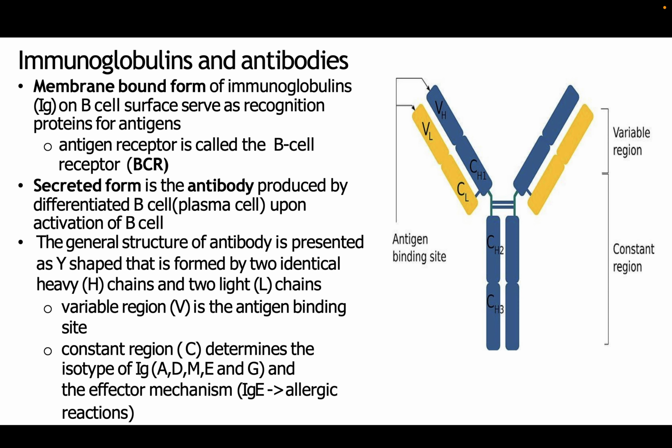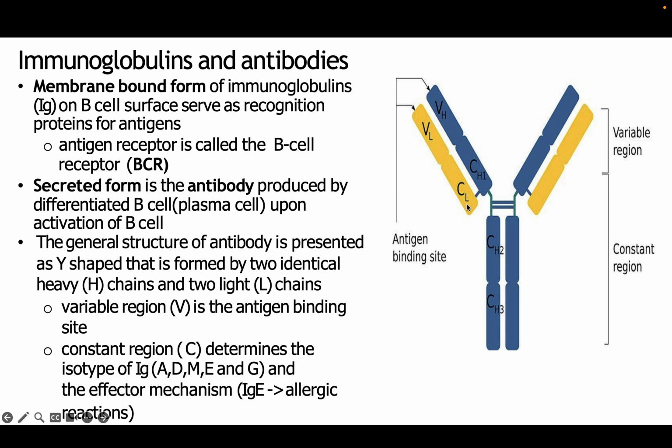So similar to what you have in your T cell receptor, you have these domains. You have the variable domain and you have the constant domain. So the heavy chain, as we said, has a variable domain and a constant domain, shown here. So the VH means it's the variable domain of the heavy chain. The CH is the constant domain of the heavy chain. And just like with heavy chains, you also have with the light chains a variable domain and a constant domain.